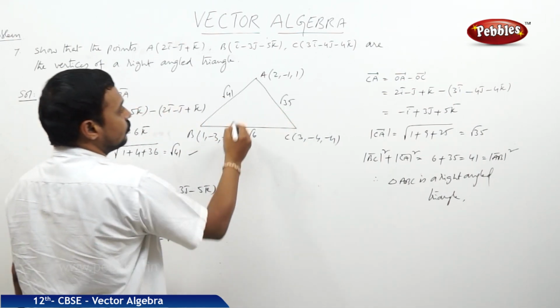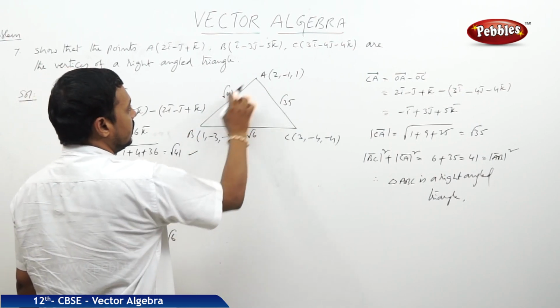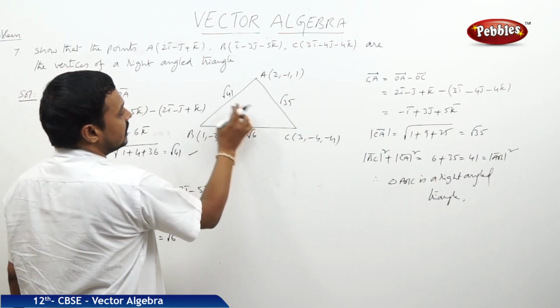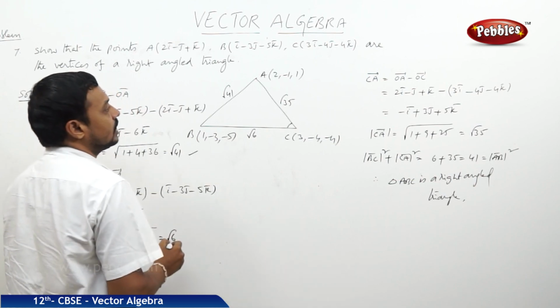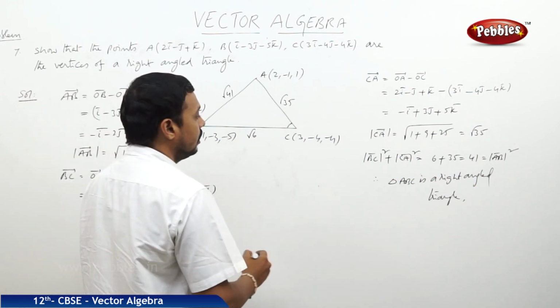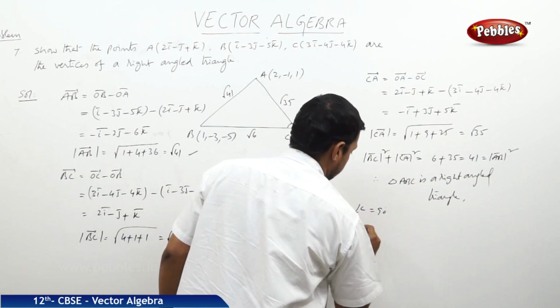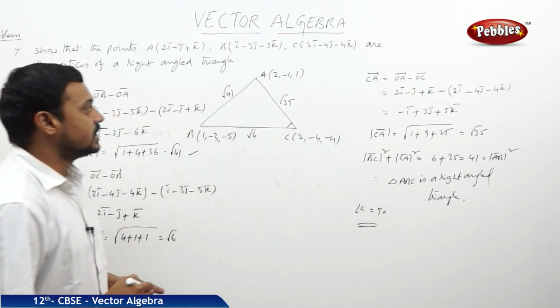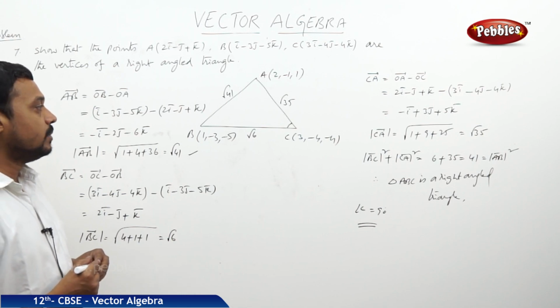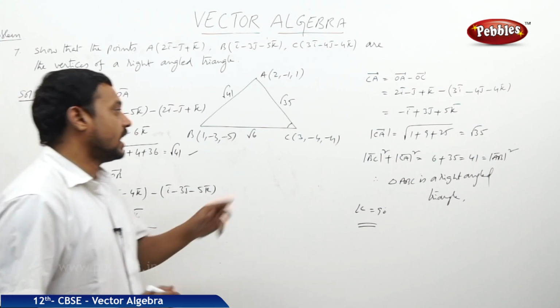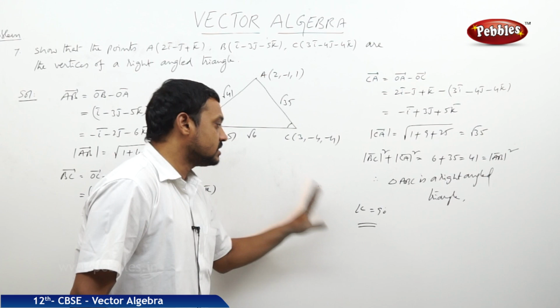Among these the maximum length is AB, hence the angle that is opposite to the maximum length is the right angle, hence angle C is 90 degrees. So ABC is a right angle triangle and the right angle is situated at C.